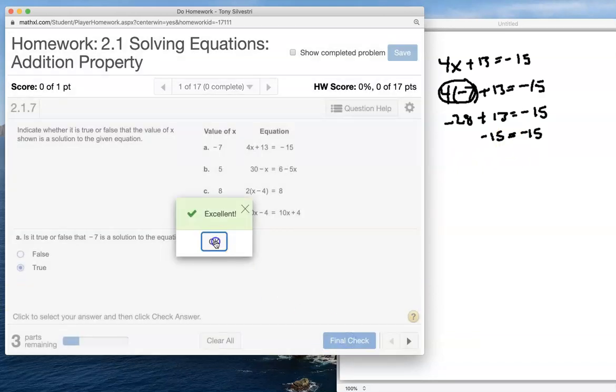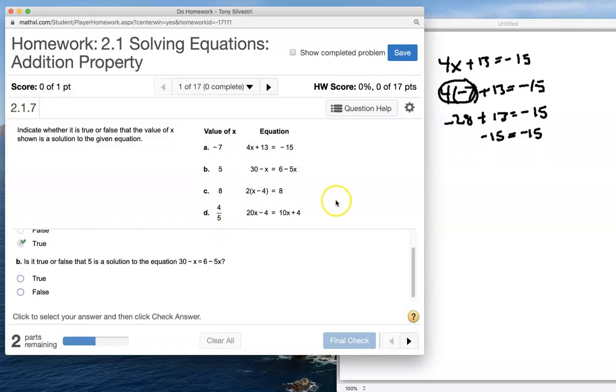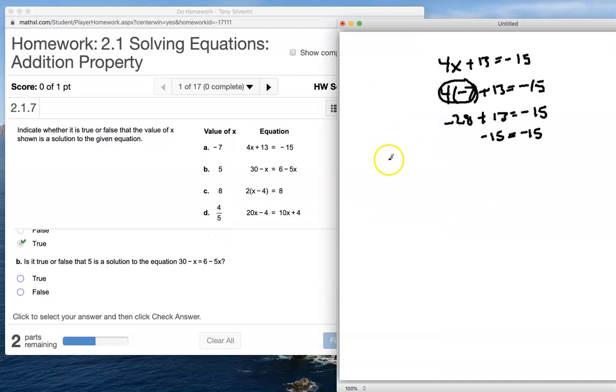Final check. Great. So now we've got 4 more of these to do. Not a big deal. Now we're going to learn very quickly how to solve for x. We will learn this. But for some reason they believe that 5 is the solution to this equation.